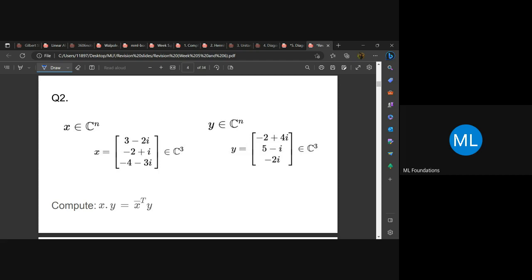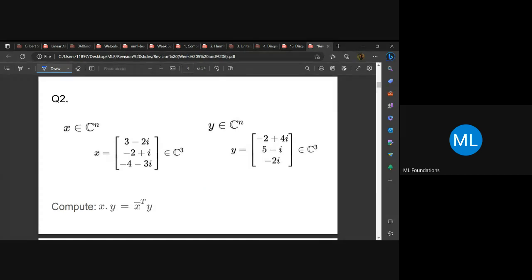In the real vector space, our inner product was defined as x transpose y, but we cannot do the same in complex space. So our inner product is defined as x bar transpose y. Again, you have the same matrix. Can you find x dot y in this case? You can put your answer in the chat box.